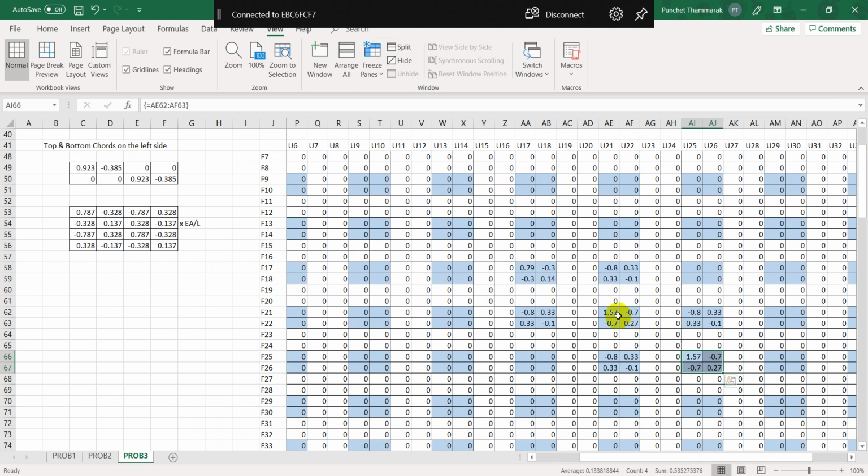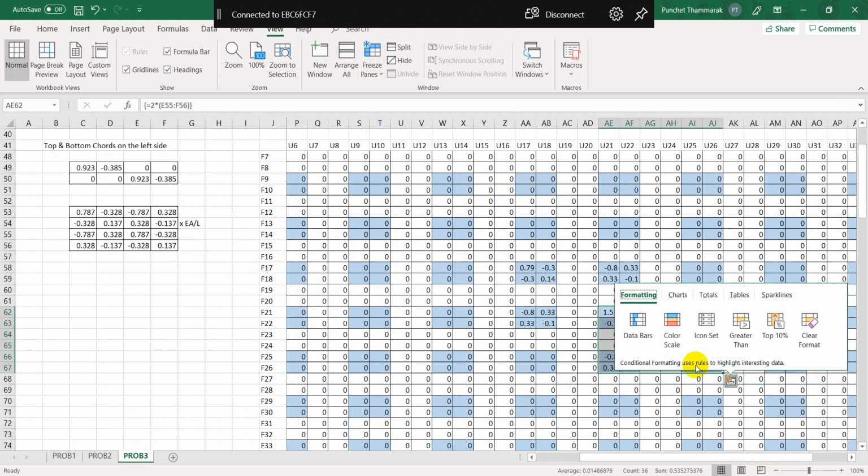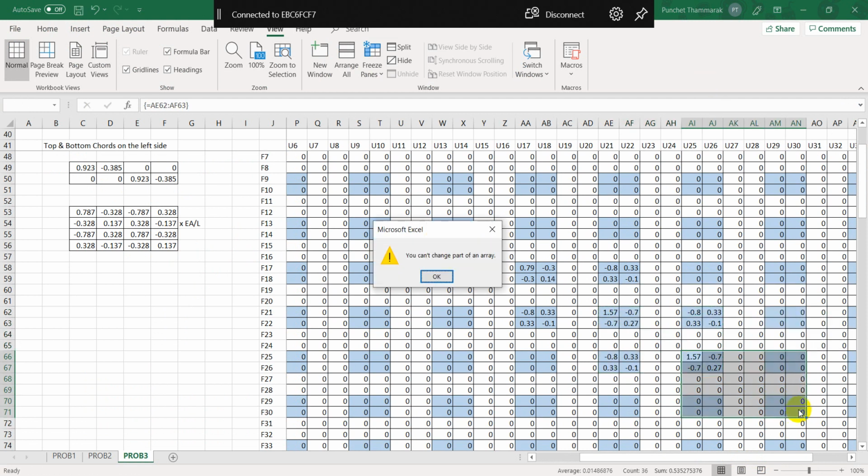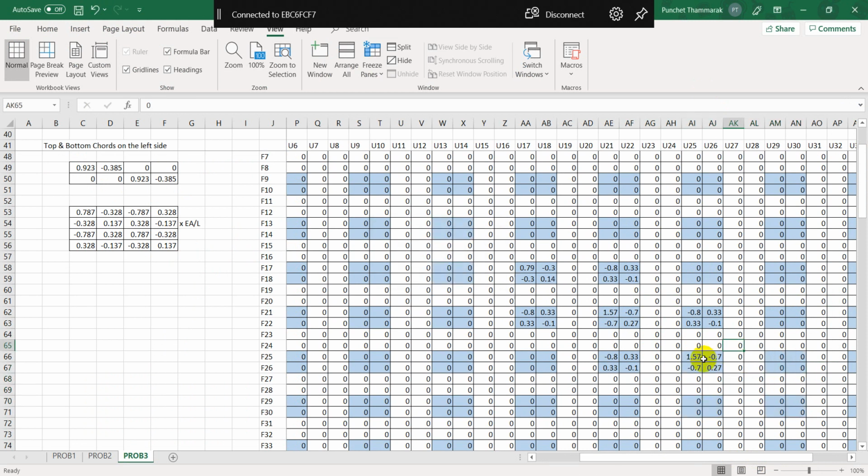This is what, 29, 30. Basically, I just do this: copy this and paste this. You can change the array part. Okay, fine. Just do it this way.